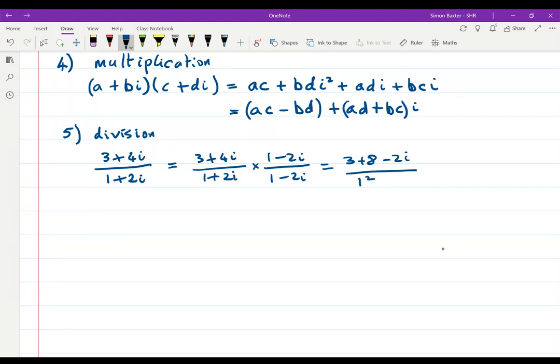On the bottom, 1 squared minus 2i squared. We've got 11 minus 2i on the top. And on the bottom, 2i squared is minus 4, so we have 5 on the bottom, over 5 over 5.